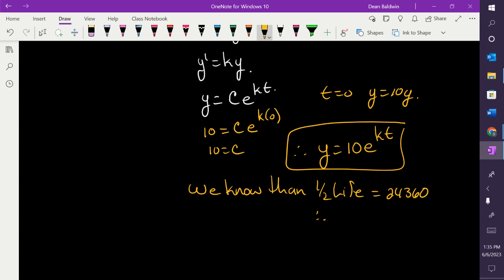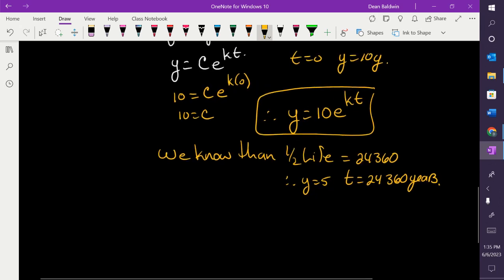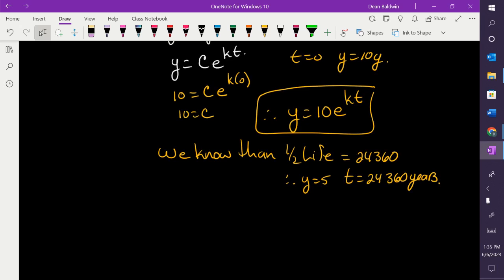After 24,360 years, how much do we have left? 5, right? y is equal to 5 when t is equal to 24,360 years. Does that make sense? Okay, so plug those into the formula. y is 5, 10 e to the k, and our time is 24,360.